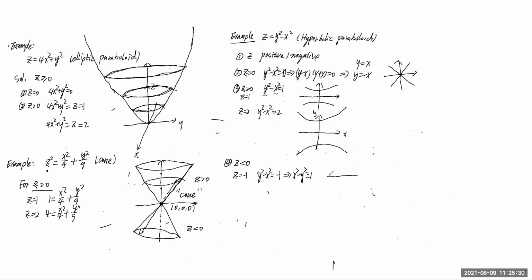And then let's draw a picture. This is x, this is y. The picture, because x is positive, should be like this. Right? For example, when z is -2, we get x squared minus y squared is 2. And then we continue to draw a picture. It just gets bigger and bigger like this.